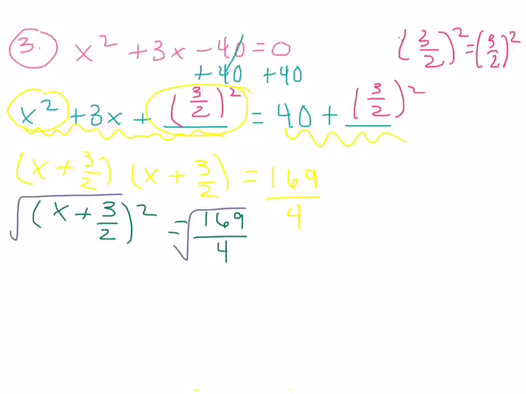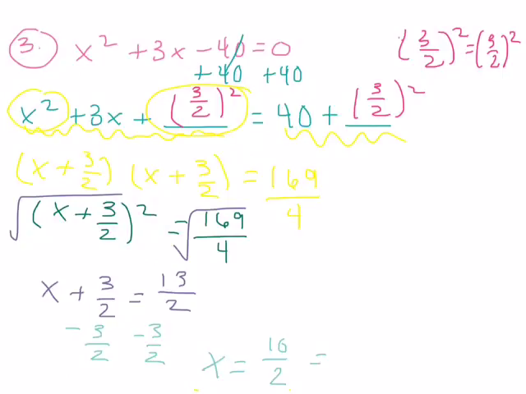Square root both sides, so we get x plus 3 over 2 is equal to, square root of 169 is 13, square root of 4 is 2. Move the 3 over 2 over, so x equals, when you combine it, again leave it as a fraction, you get 10 over 2, which is just 5. And we forgot our plus or minus sign, don't forget that.